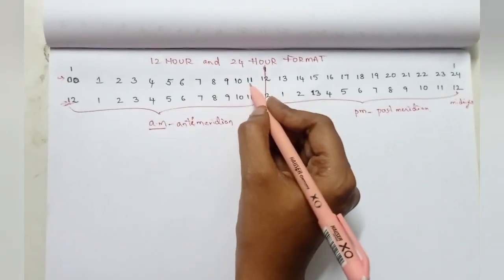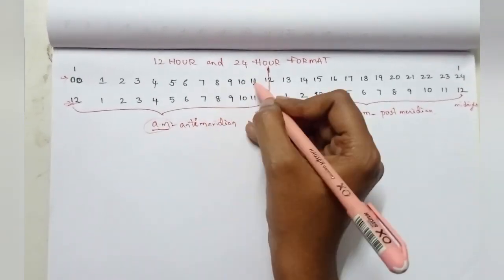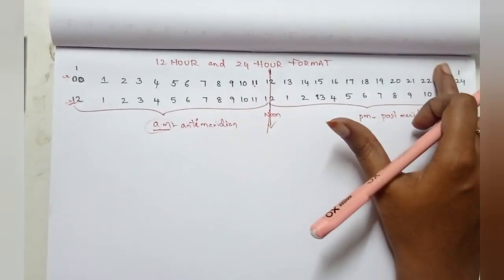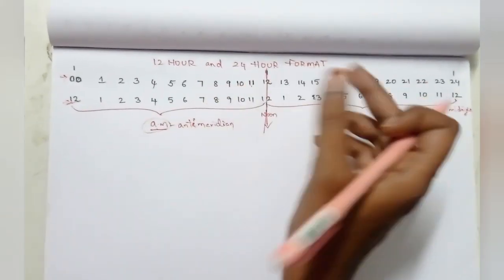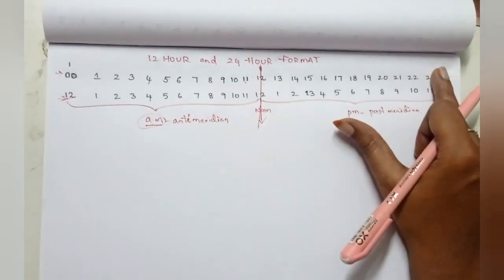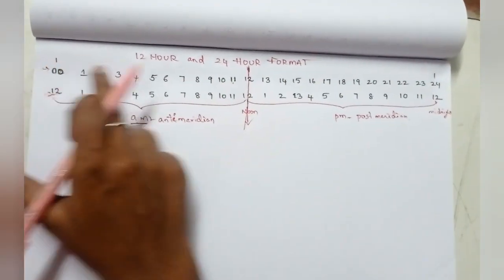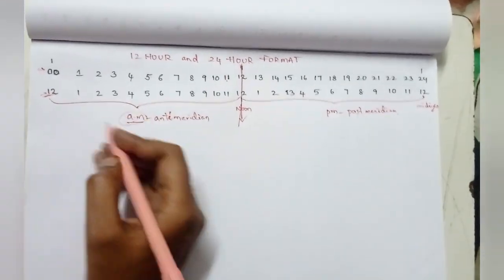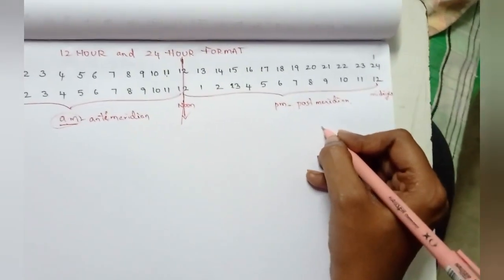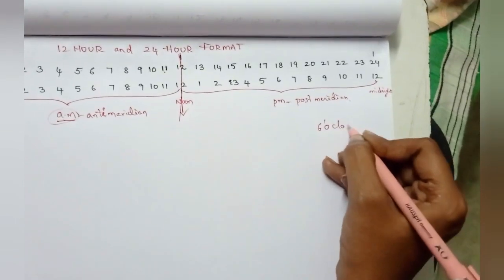We do not add AM or PM to the time in 24 hours. Here, it is not required to add AM or PM to the 24-hour format, as it is showing only one round till 24.